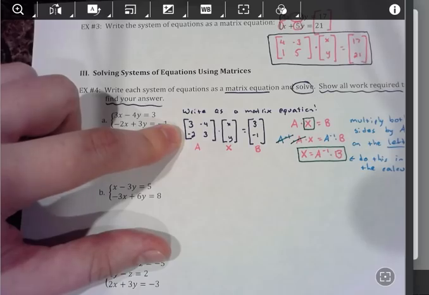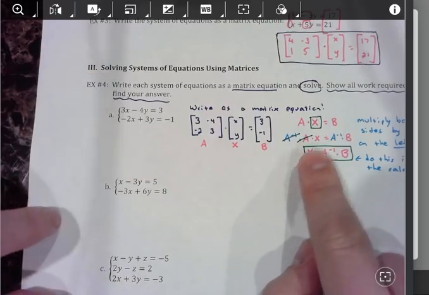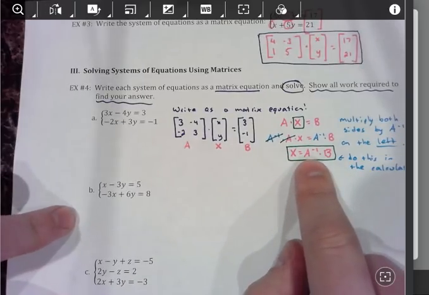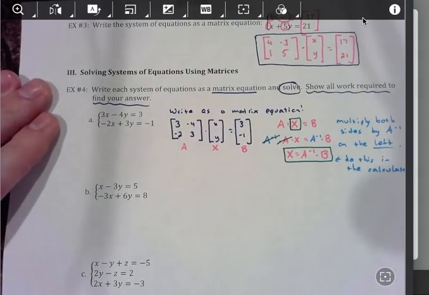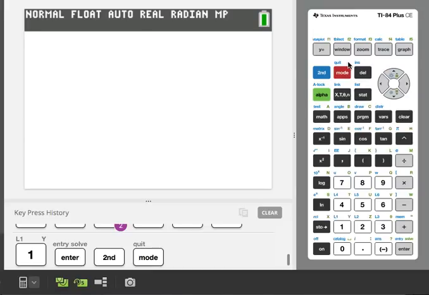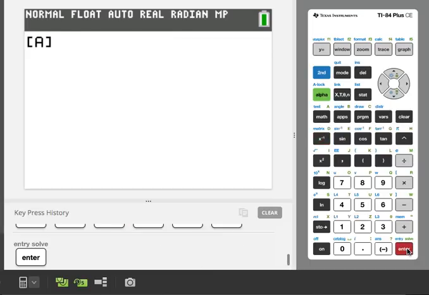Going back to my notes, remember that this is what we want. In order to find that matrix X, the solution, we want to take A inverse and multiply it by B. So I'm going back to the calculator and the matrix menu. I don't want to edit now. In the names column, I want matrix A, but I want its inverse.